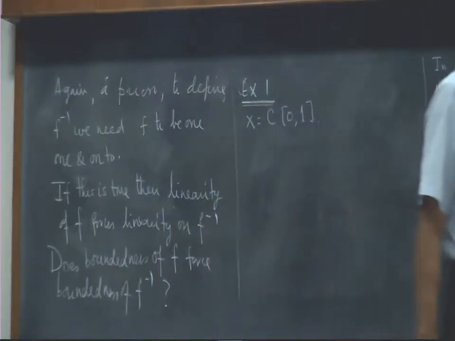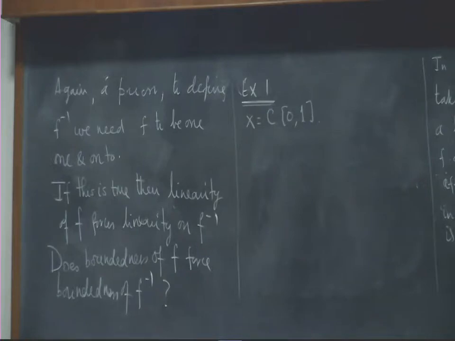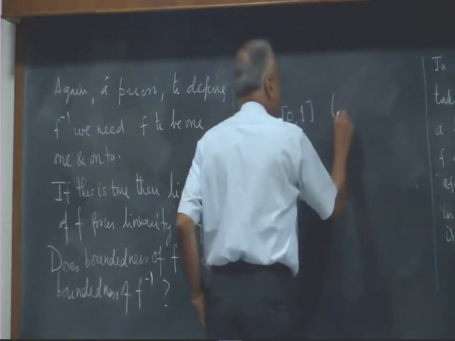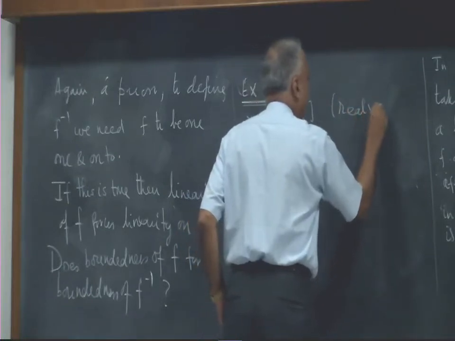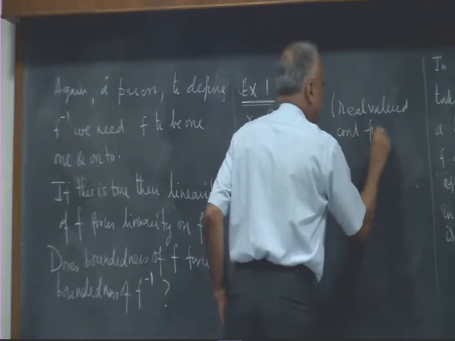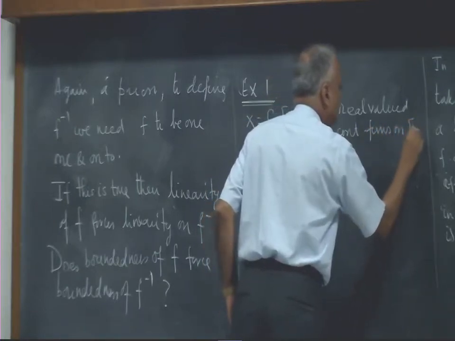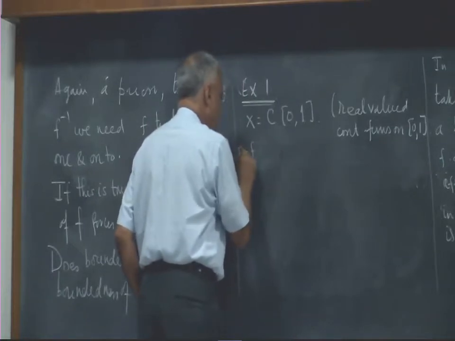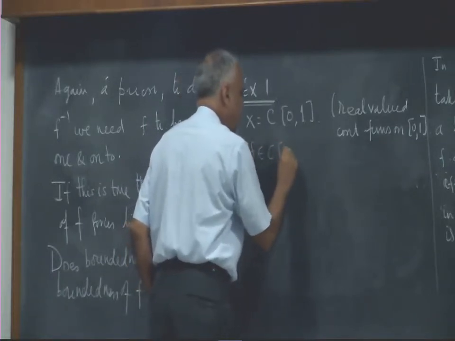What is C[0,1]? The set of all real valued continuous functions defined on the interval [0,1].